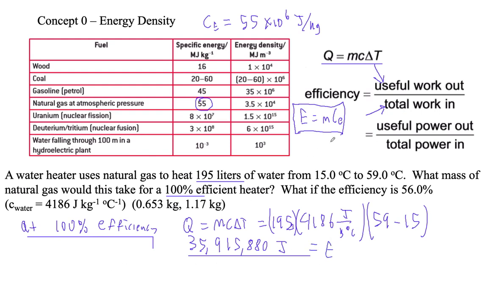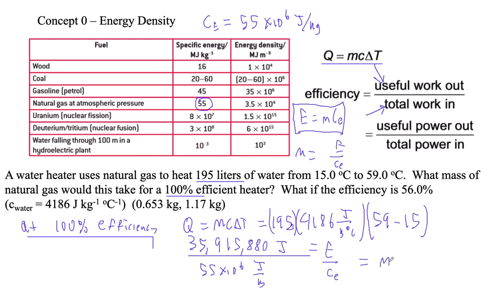And then we just say, if the energy equals M times the specific energy, then the mass is the energy divided by the specific energy. So I'm just going to take that and divide by the 55 times 10 to the 6th, and that's joules per kilogram.